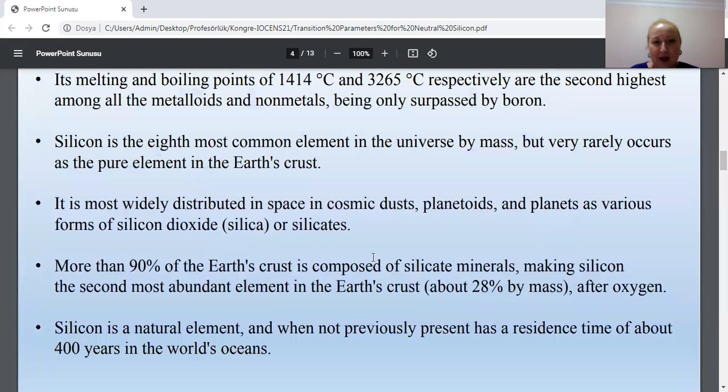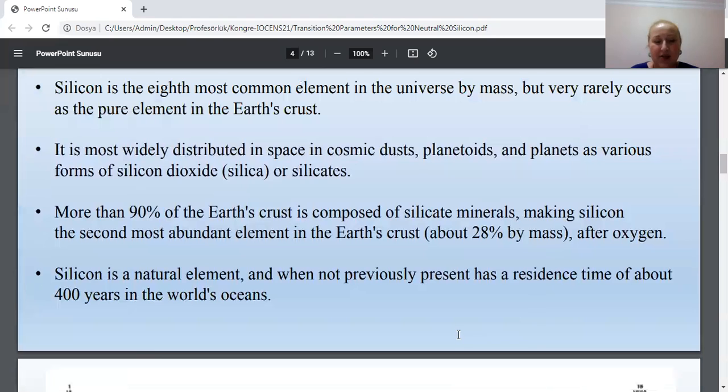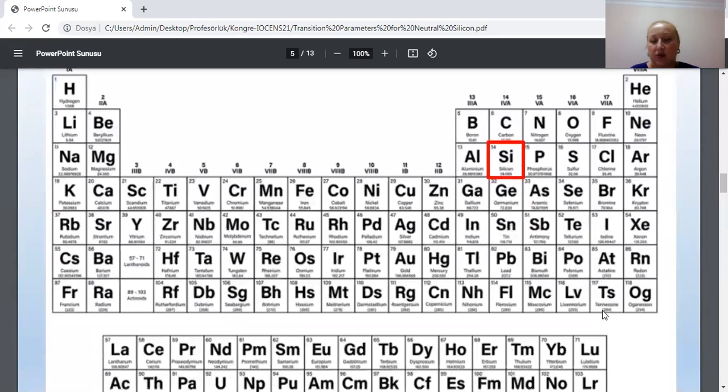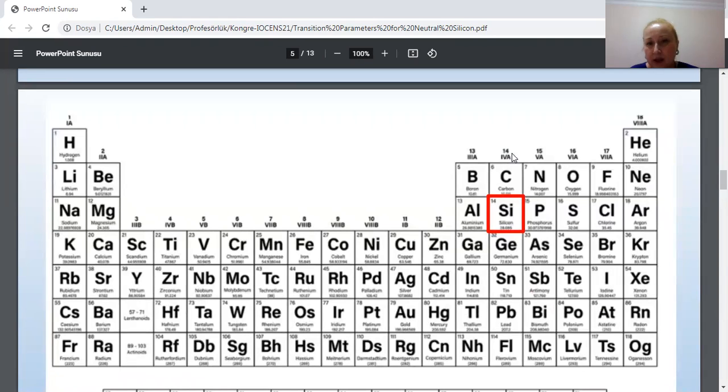You can see other detailed information: silicon is a natural element, and when not previously present, it has a residence time of about 400 years in the world's oceans. You can see the periodic table and the group here, 14, which means 4A, and the atomic number 14, the silicon and its symbol.